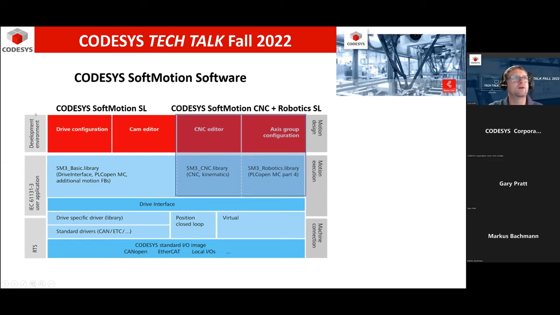You need to have the SoftMotion SL first, and then you can get the SoftMotion CNC Robotics SL. Inside there, you can see the libraries: a CNC editor, the CNC kinematics library and the robotics libraries. And here's where you really start doing your axes group configurations.